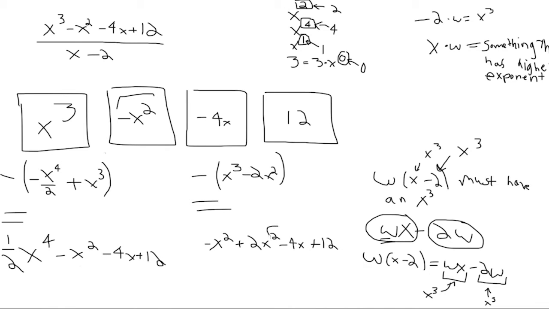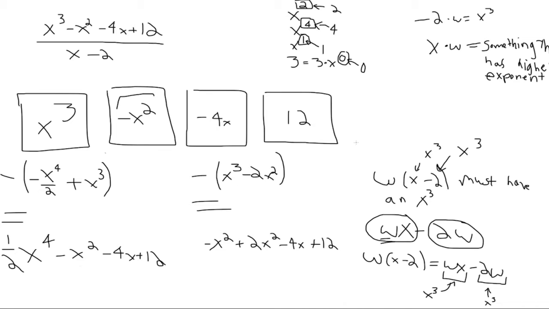Now notice how these two exponents are the same, right? Because basically, we chose the higher exponent term to multiply by w to equal x cubed, and that makes it so that the other term is going to definitely have a lower exponent than the term that we multiplied by w to equal x cubed.